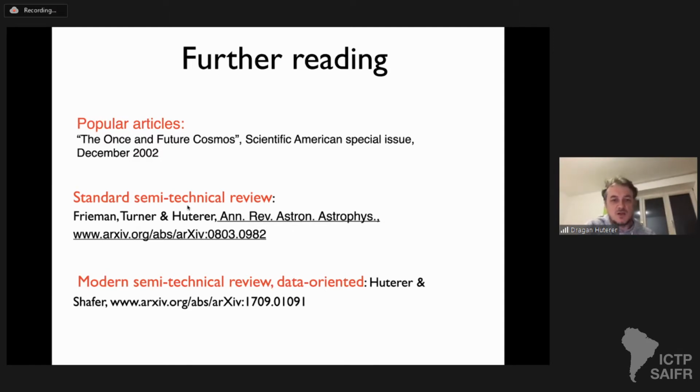We aim this article at an astronomer, not the cosmologist, so that they can understand. And this is a more modern, updated one. One thing we did in this review paper is compare old data and new data and show the time evolution of data and how it goes. So these are the reviews. If you look at the PDF version of this, which should be already posted, you can click on these links and it should take you to the archive.